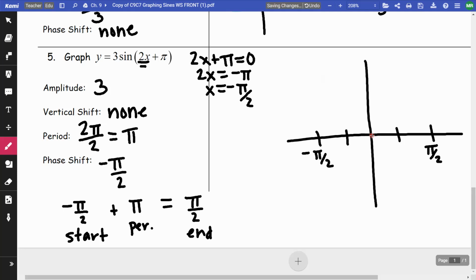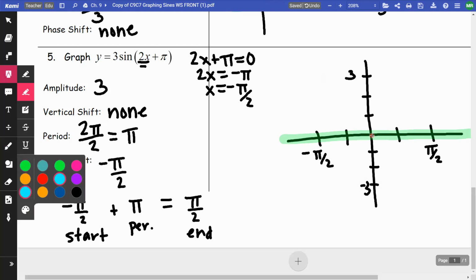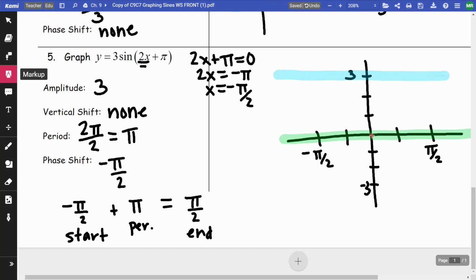I have no vertical shift. So the x-axis is where my zeros are going to be. I am going to be going 1, 2, 3 above and 1, 2, 3 below. And that's where my highs and lows will be.